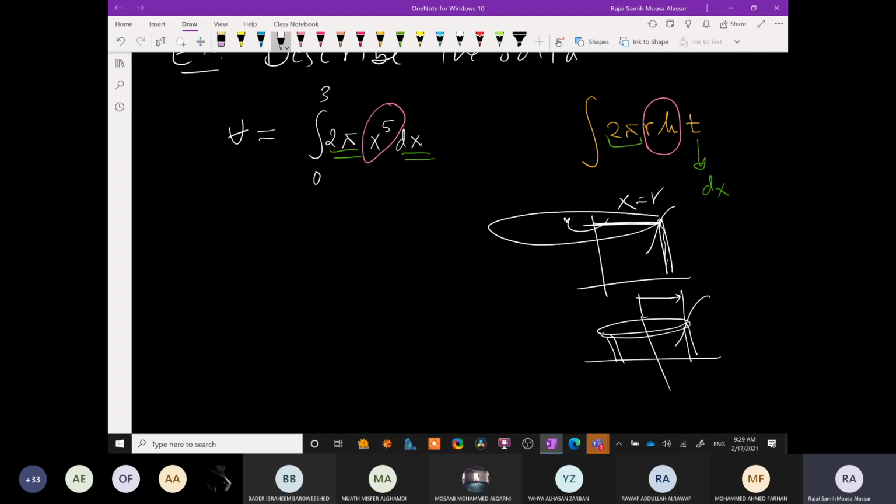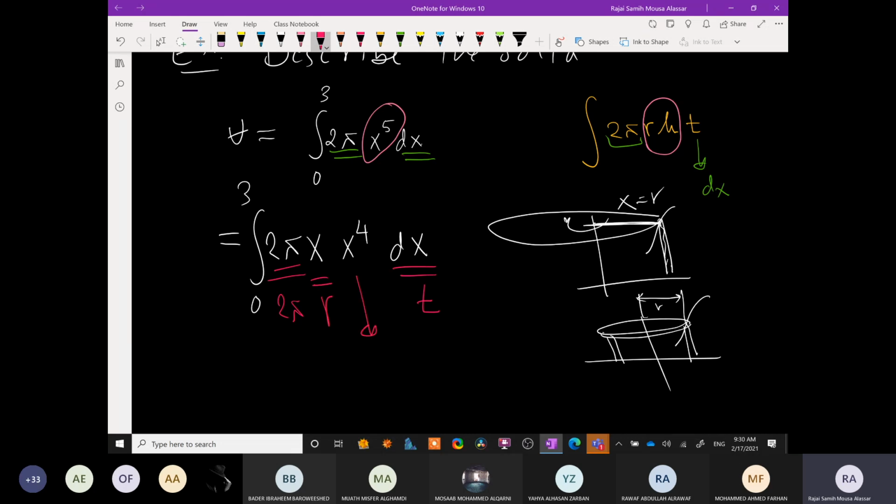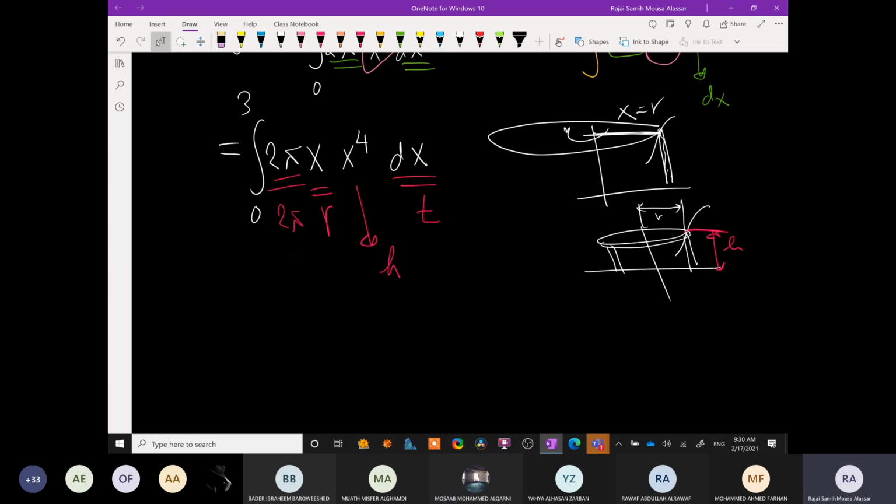It is x of the function. So it makes sense that I will isolate that x. I would call this the thickness, and these are my 2 pi, and I would call this the r. So this looks like the height of the function. So basically I'm trying to put together this function.